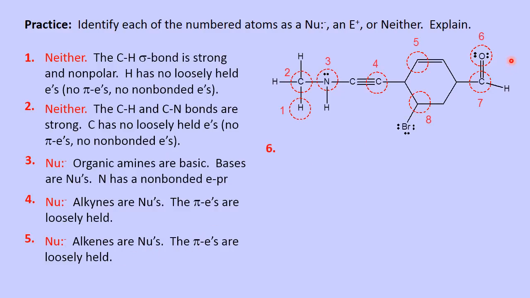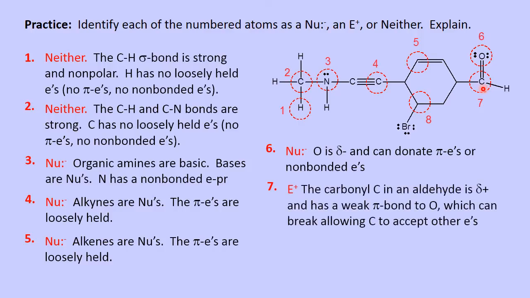Number 6 is the carbonyl oxygen. Electrophile, nucleophile, or neither? Turns out it's a nucleophile. The oxygen is delta negative, and it can donate pi electrons from the bond or non-bonded electrons. Number 7, the carbonyl group carbon. Well, that will be electrophilic.